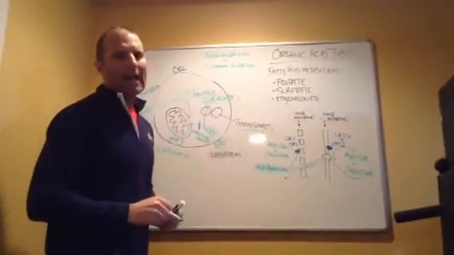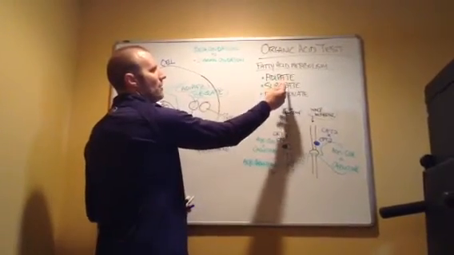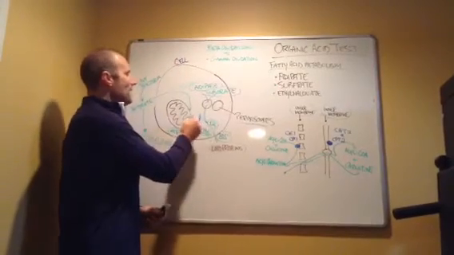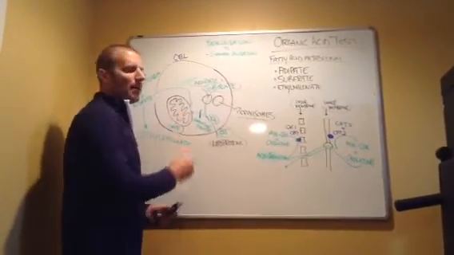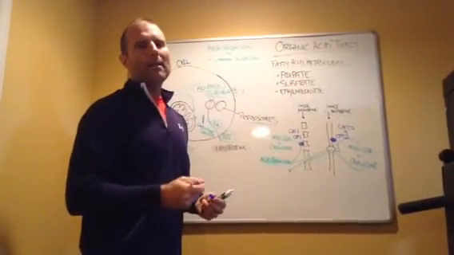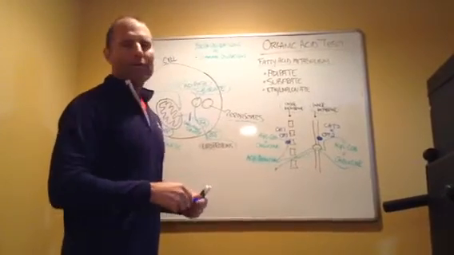So if you're looking at your organic acids test and you're seeing elevated levels of adipate and suberate, you know that I'm not getting fatty acids into the mitochondria as efficiently as I should, and it may be because somebody's got a carnitine deficiency. There are other factors.